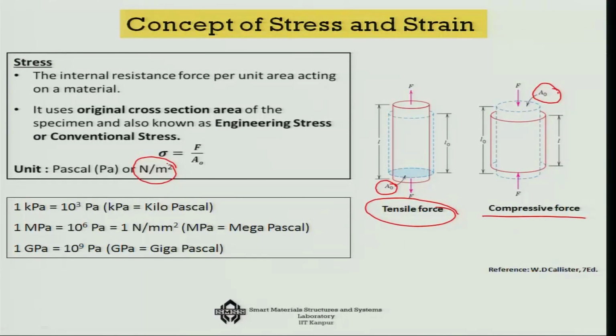I will talk about that machine later. So, you can understand what stress is: the internal resistive force averaged out over the area on which it is working, with the unit Pascal. Now, what is the strain of the material?